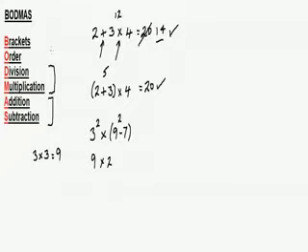I've used the brackets first and then order, which is anything to a power. So 3 to the power of 2 is also 3 to the order of 2. I'm really sorry, but maths is full of terminology.